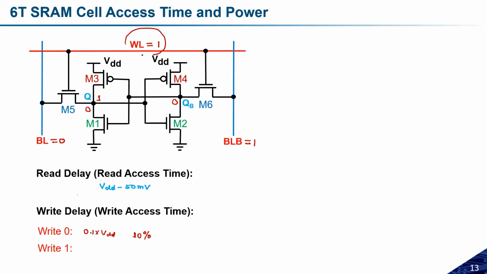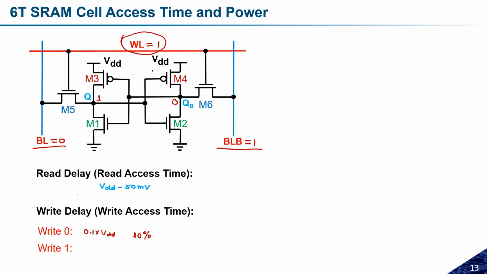The time at which I activate this WL, this node Q will start discharging, or the second node will start charging. Then I will just note down when the value of this Q becomes 10% of 1, or 0.1 volt, whatever it is. That time difference is nothing but the write 0 delay.